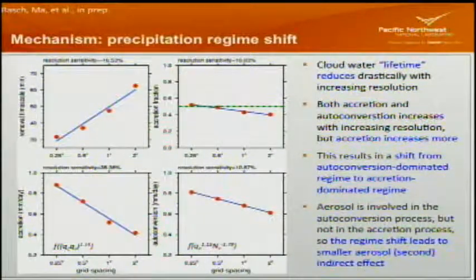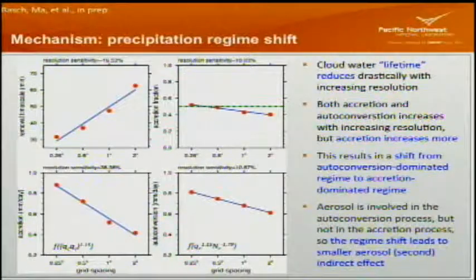And you can see that this accretion fraction from the 2-degree model to the 1/4-degree model increases from maybe 0.4 to 0.55. And it's because with increasing resolution, you have an increase in both accretion and autoconversion rate, but the accretion rate increases faster.